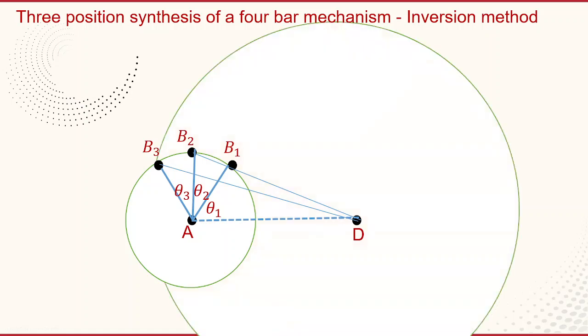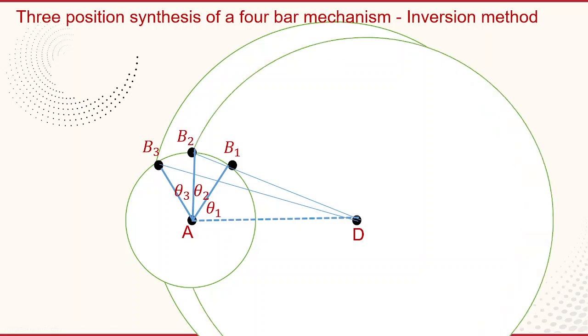Now similarly, take D as a center and DB2 as a radius and draw another circle. Now these circles are the loci of the points B2 and B3.